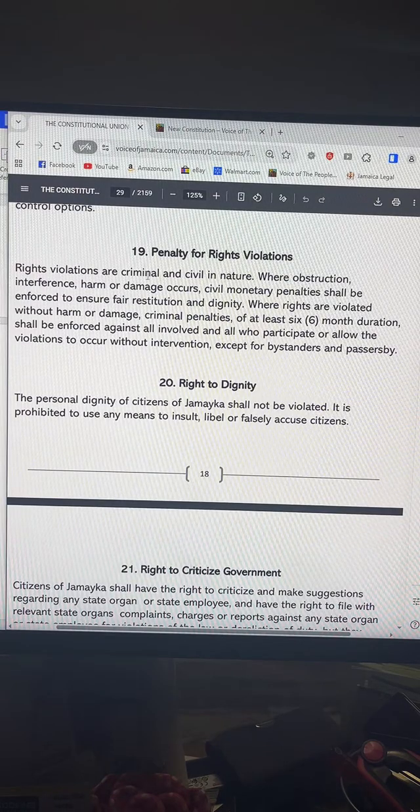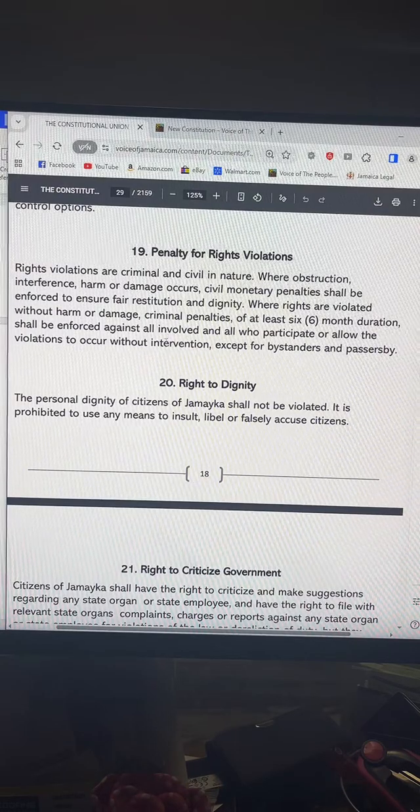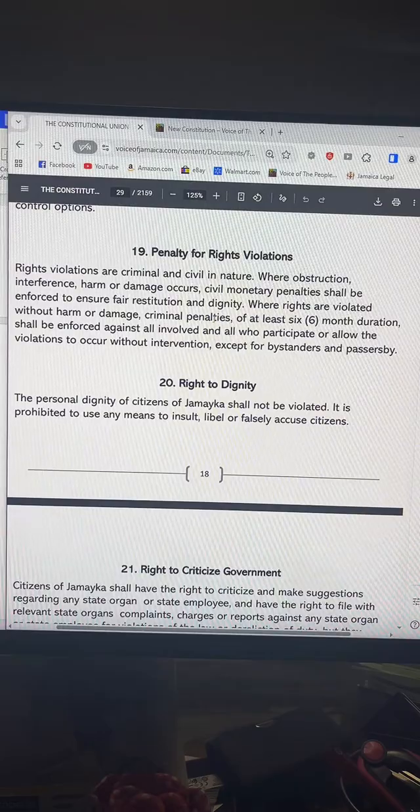So, when we have a violation of our rights, it would no longer be something where it becomes this long drawn out bureaucratic court process, right? It would literally be a test against the Constitution. Was it authorized by law or was it a violation of law?